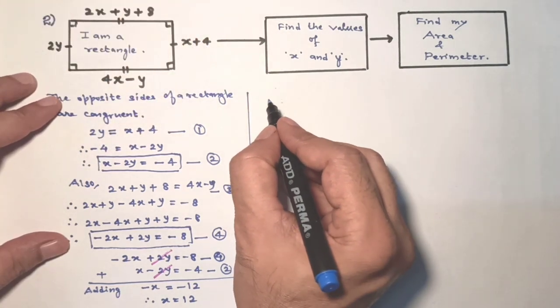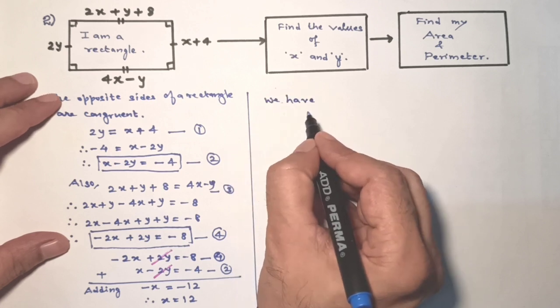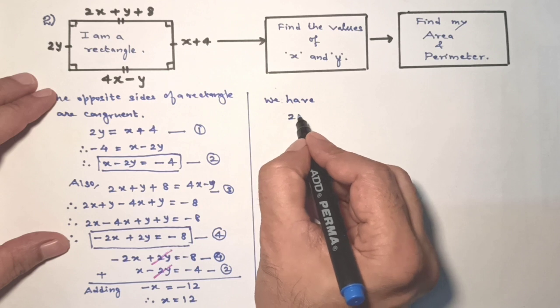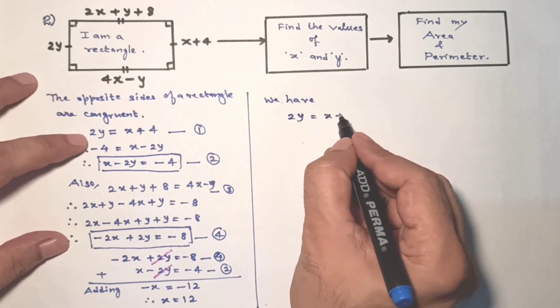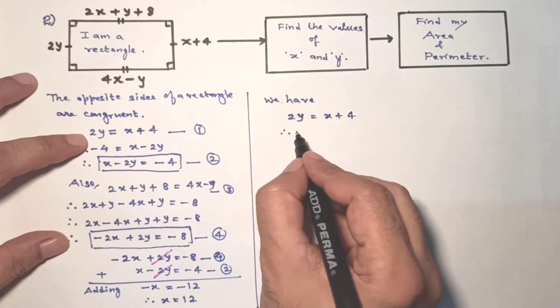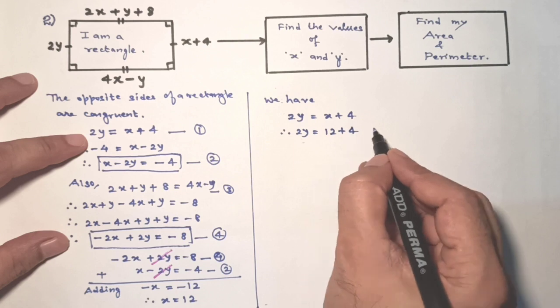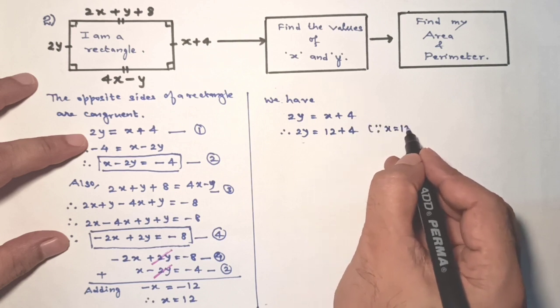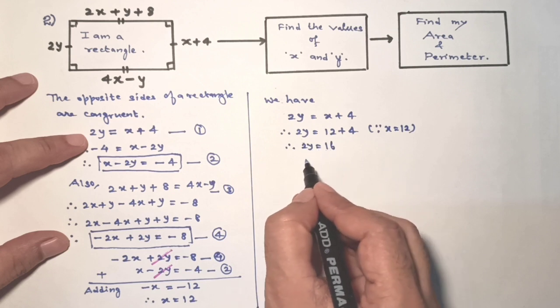Right, we have 2y is equal to x plus 4. Therefore 2y is equal to 12 plus 4, since x is equal to 12. Therefore 2y is equal to 16.